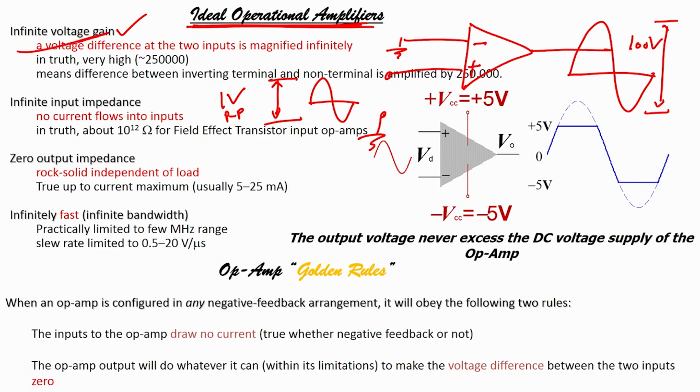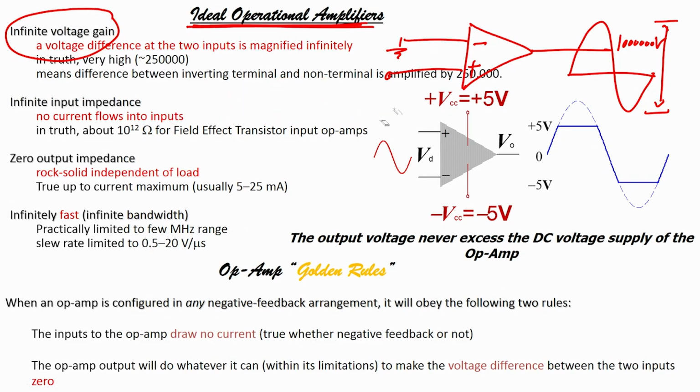So, I have infinite voltage gain, that means I can get 1 million times output, can I have this much voltage, right. What we will see is that even with infinite voltage gain, the output cannot exceed the supply voltage.